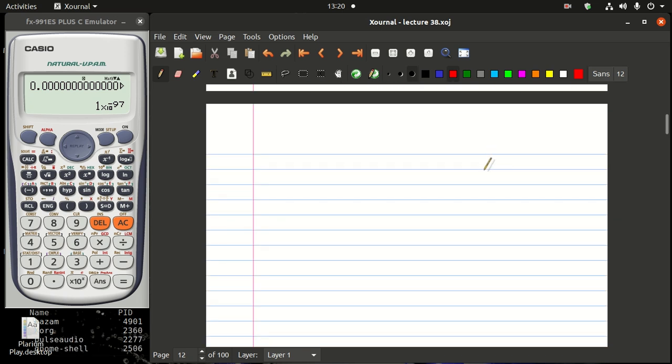Let's move forward and go to other problems here. The next problem is we have i. So we have f of x. Our f of x is the same as e raised to x times sine of x. So we have x times sine of x.